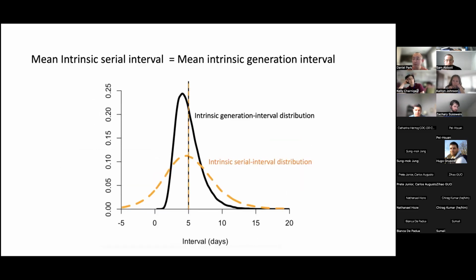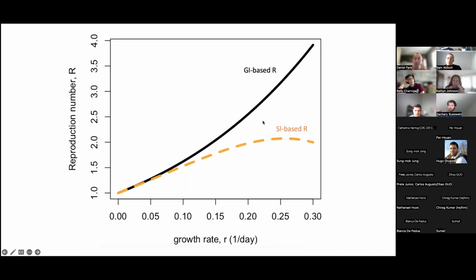So we expect them to give the same biological answers about the process, but it turns out using the serial interval is going to underestimate the generation interval distribution, which has been, I think, prevalent in the literature, that using serial interval is going to give a biased estimate of R naught or Rt. But the problem is that this serial interval doesn't take dynamics into perspective.